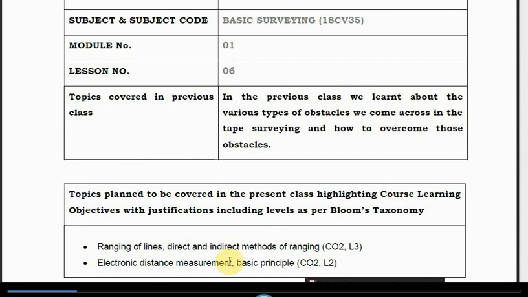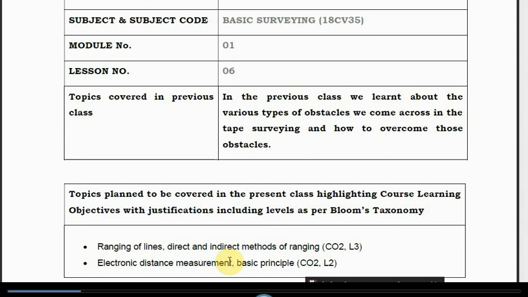It is the fastest way of measuring from one point to another point, especially when the distances to be measured are very large. It saves a lot of time.